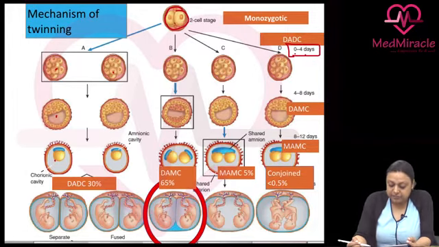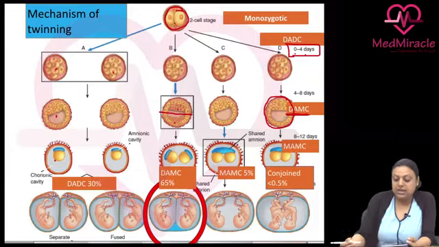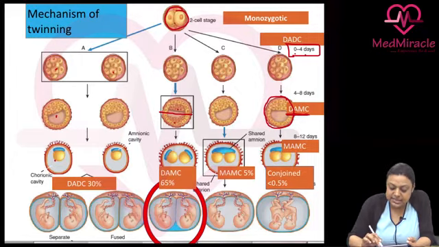Now, if the division occurs from 4 to 8 days, then though the amniotic cavity will be 2, the chorion will be the same. So this forms diamniotic monochorionic. There will be one chorion only. If the division takes place from 8 to 12 days, it will be the same amnion as well as the same chorion.